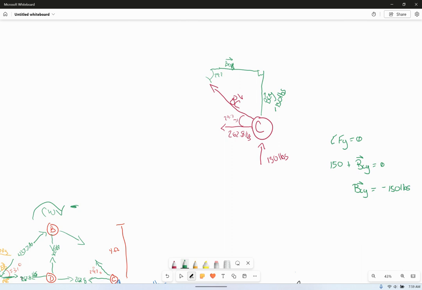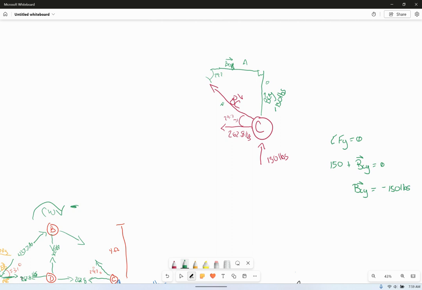Now, I can certainly solve this; there are lots of ways we can do this. I need to find my BC. This is my hypotenuse. And what I've got here is my opposite and my adjacent. I don't know the adjacent either. I could figure it out if I sum my forces, but I'm going to stick to SOHCAHTOA.